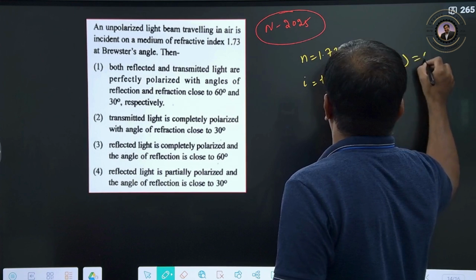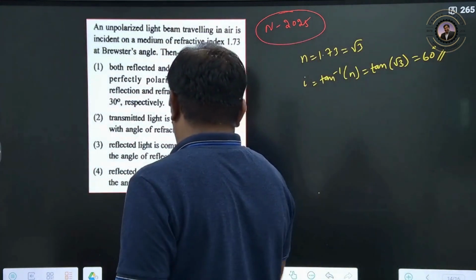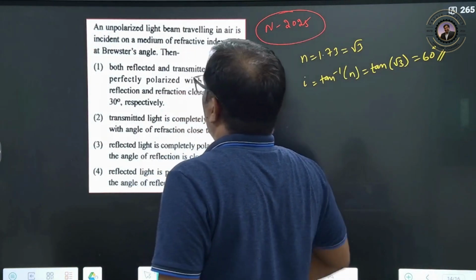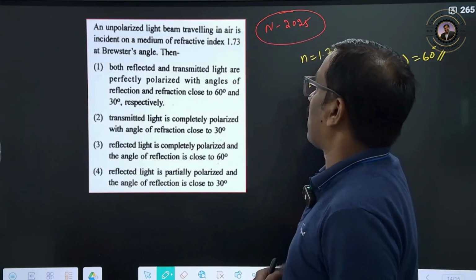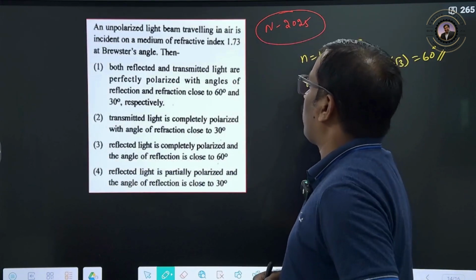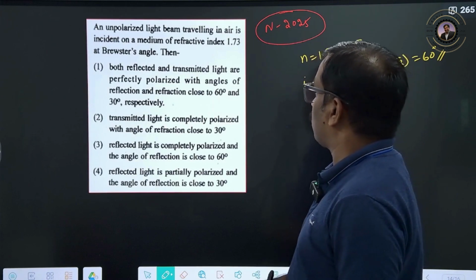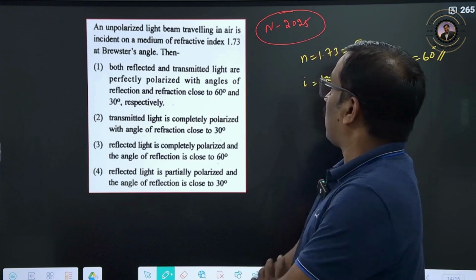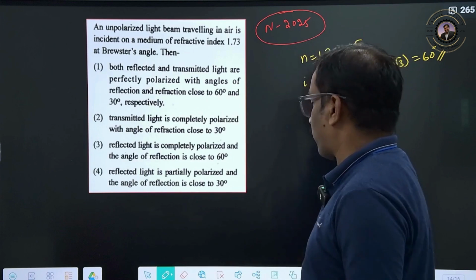So therefore it is nothing but 60 degree, that will be your answer. So we will see whether both reflected and transmitted light are perfectly polarized with angles of reflection and refraction close to 60 degree. Angle of reflection is 60 degree, and what is the refraction angle now?